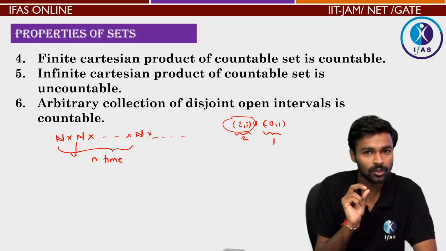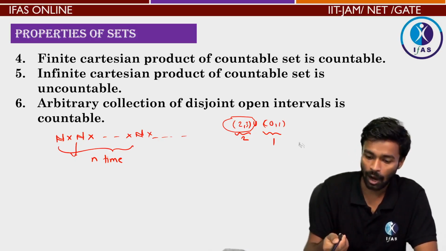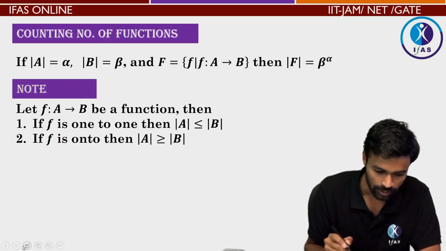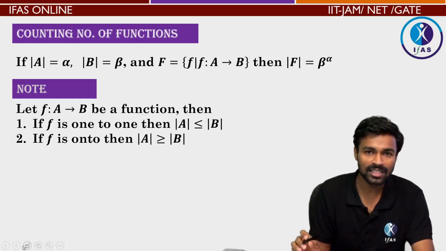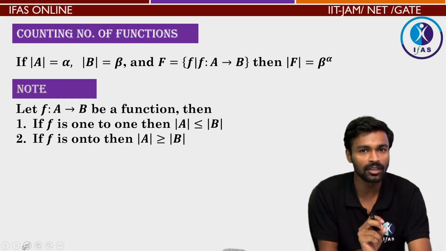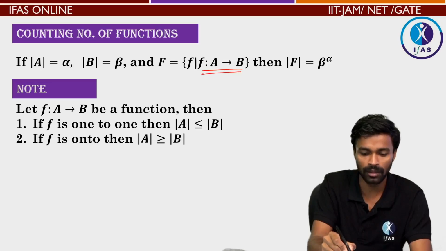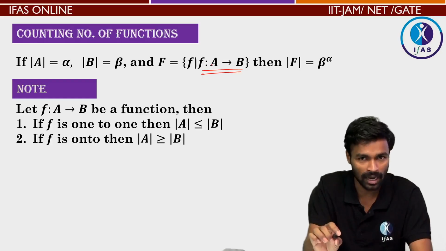Okay, तो अगर disjoint union लेते हैं, arbitrary disjoint union लेते हैं, तो वो भी countable set बन जाता है. Now the counting number of functions. Okay, so number of functions कितने रहते हैं? If I am taking the function f from A to B, the cardinality of set A is alpha, cardinality of set B is beta.